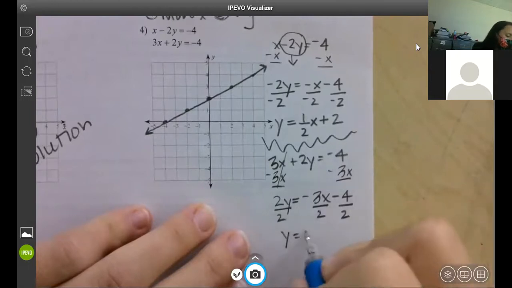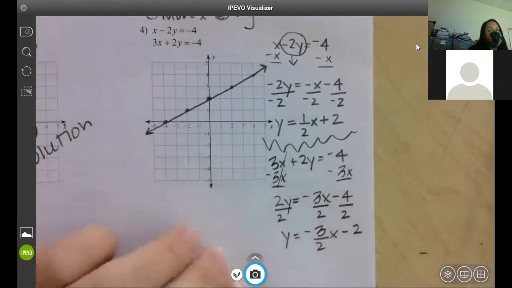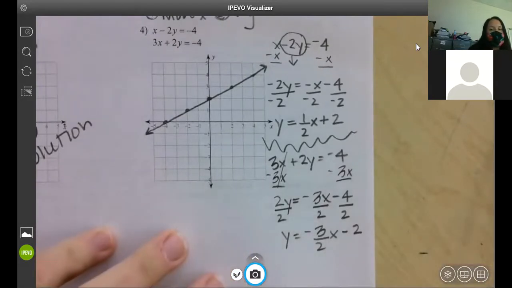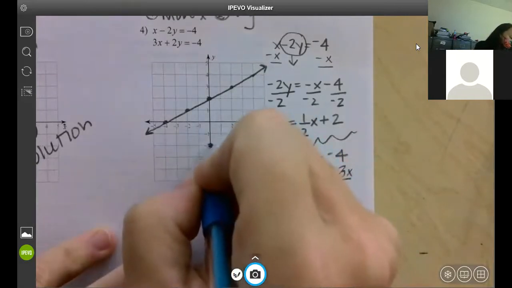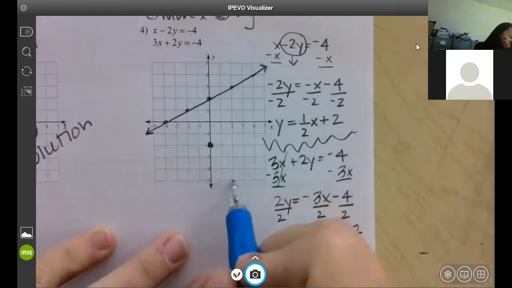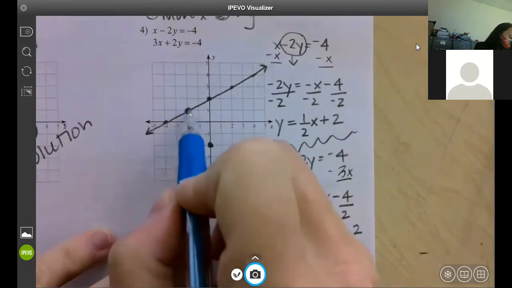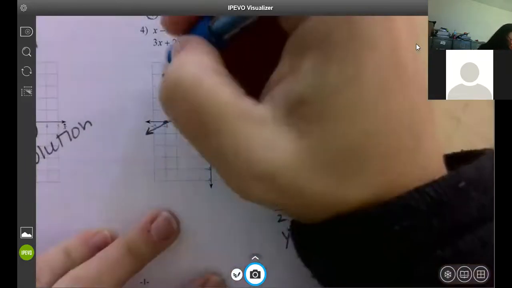I get y equals -3/2 x minus 2. -4 over 2 is -2. Start at -2. Go down 3 and over 2. Or go up 3 and over 2, which is this point right here.